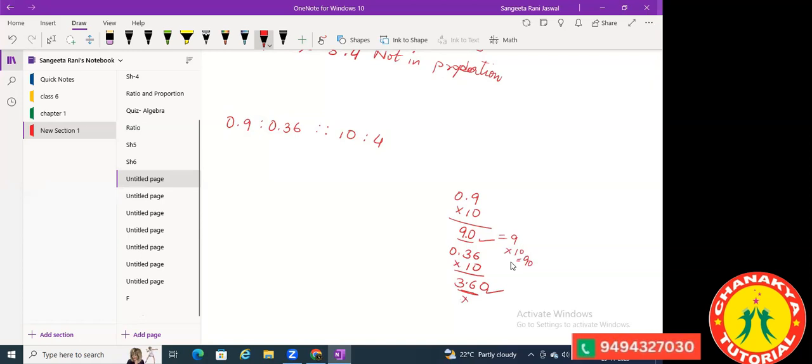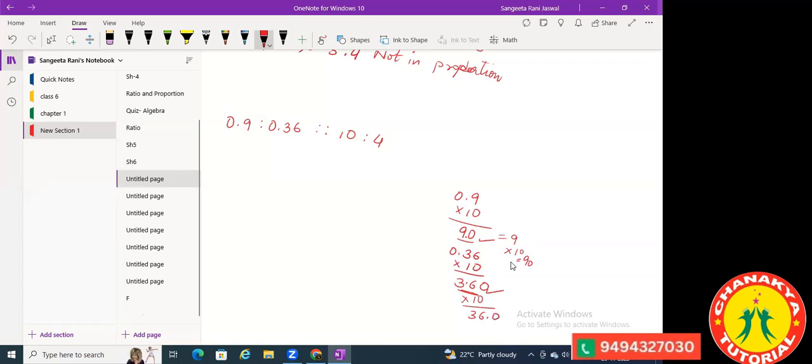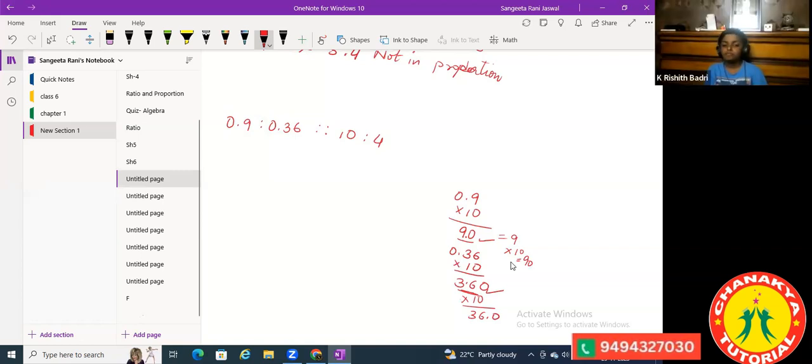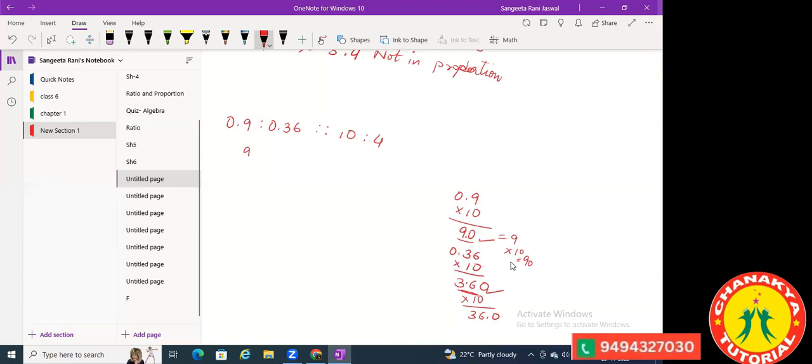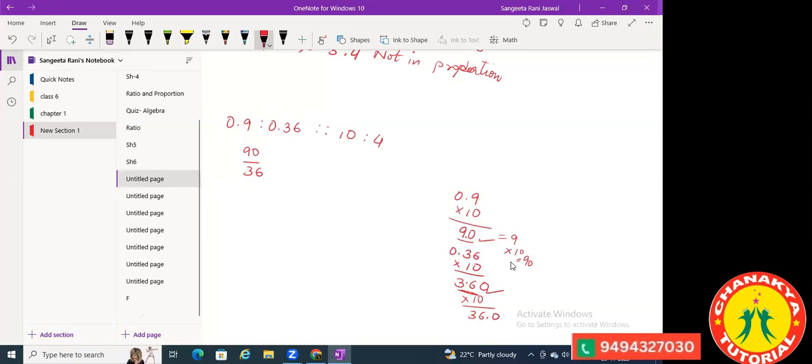And if I multiply this with 10, this will become 36. The decimal point will again be one more place behind. So I get this as 90 by 36. You understood this much? Got it.